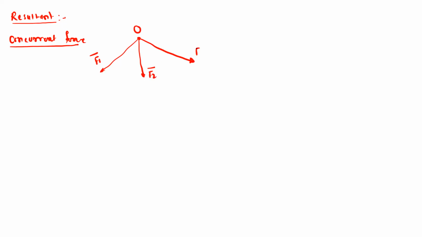So if you have a concurrent force system, and there are different forces passing through a single point, let us take this point O, and we have F1 bar, F2 bar, and F3 bar. The resultant R bar can be represented as the vector addition of F1 bar, F2 bar, and F3 bar.